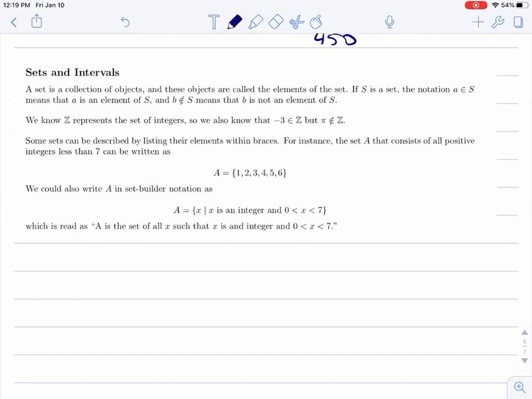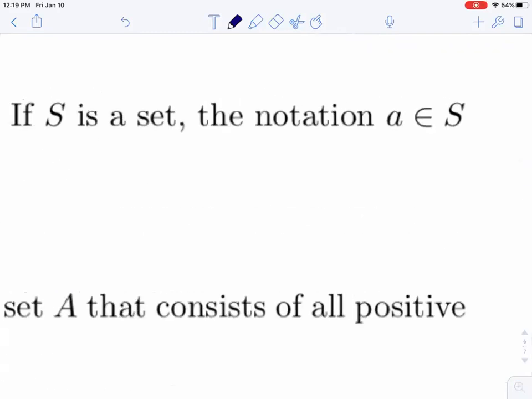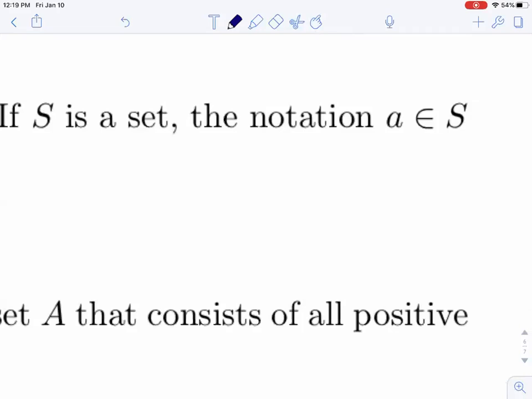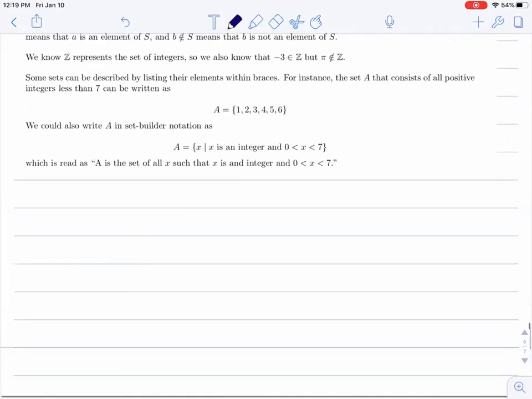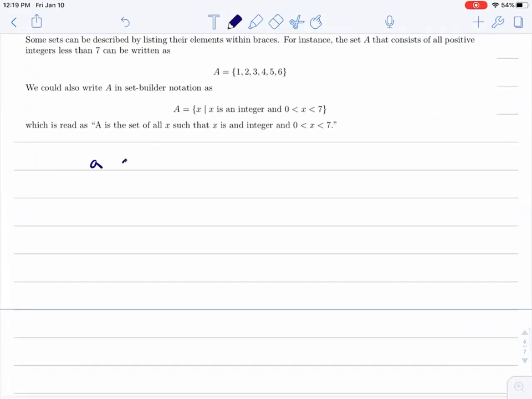So if we have the set S, then we can show that some element A is in the set S. What we do is we write A is in the set S. So A is one of the elements that would be in that set.